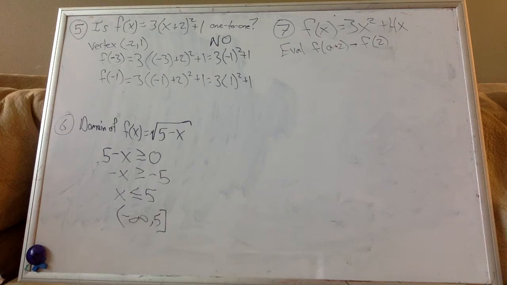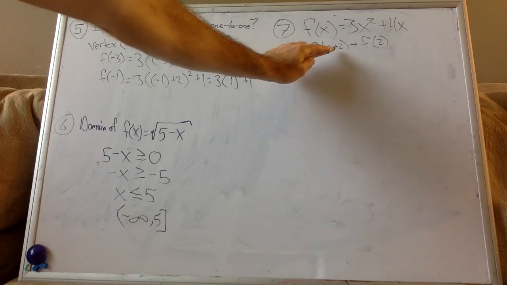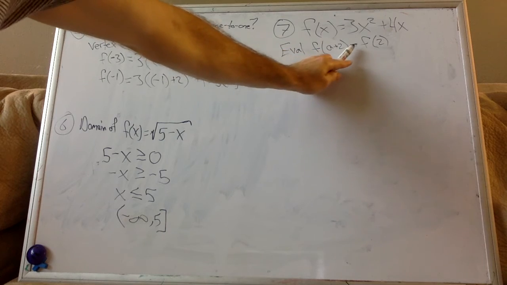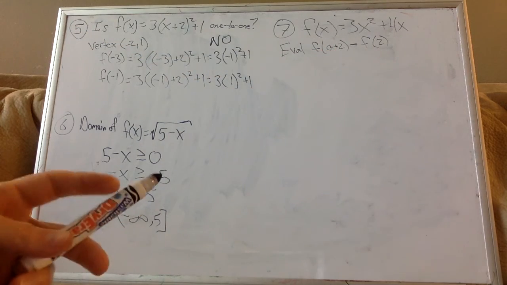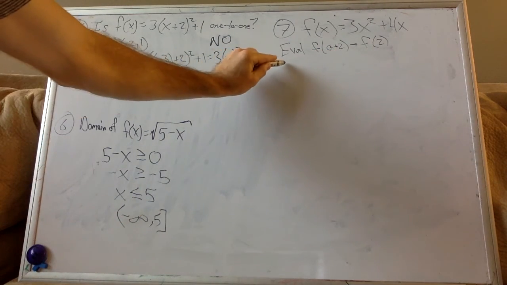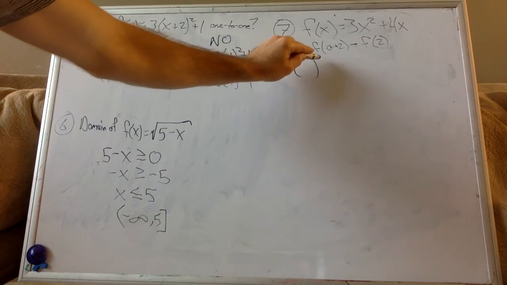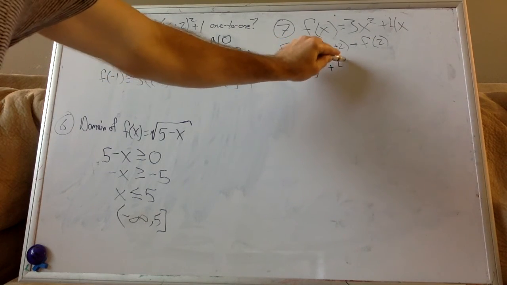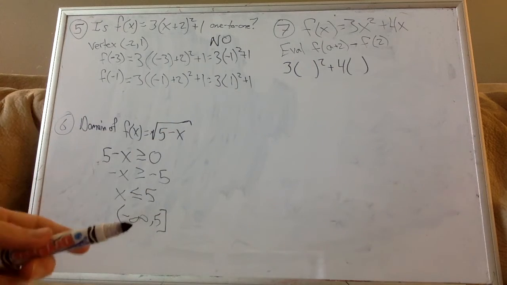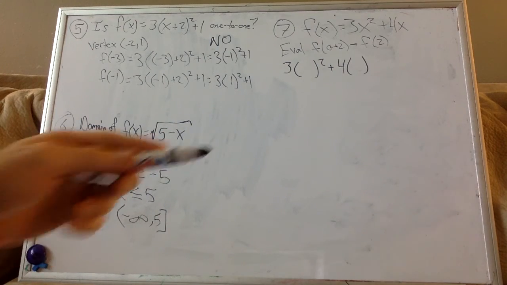Okay, and now let's look at number 7. Number 7 is another evaluation problem. It's just kind of complicated. So I have the function evaluated at this place minus the function evaluated here. Like I did before, I'm just going to rewrite my function, leaving space open for that.